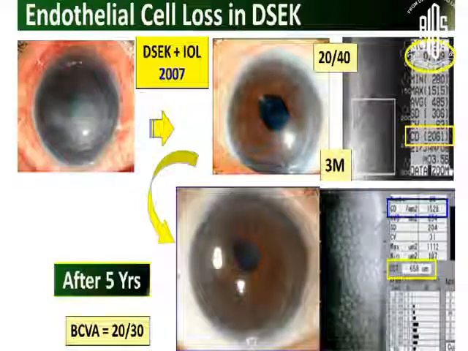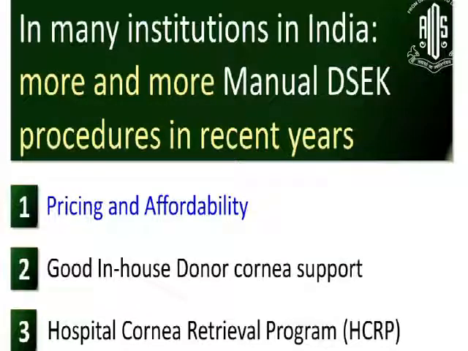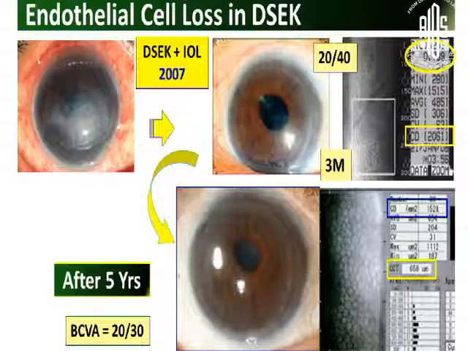You see the thickness has reduced. So with this I'll end my talk, and I'll call upon Dr. Titial to give his presentation on the different techniques of donor insertion.